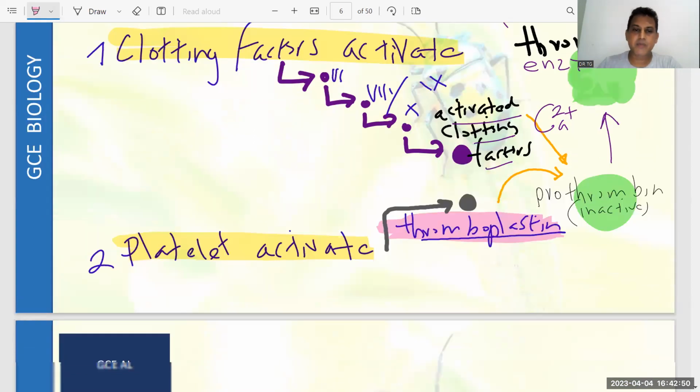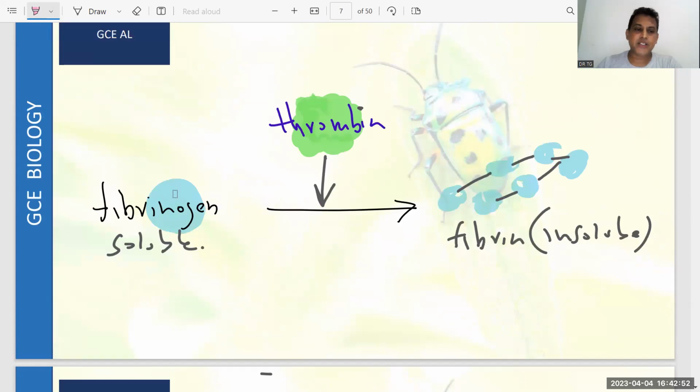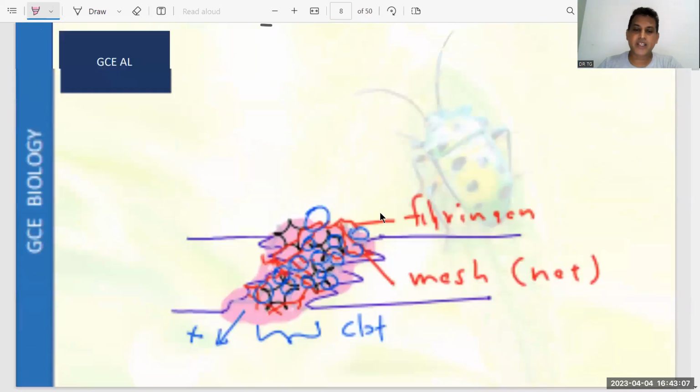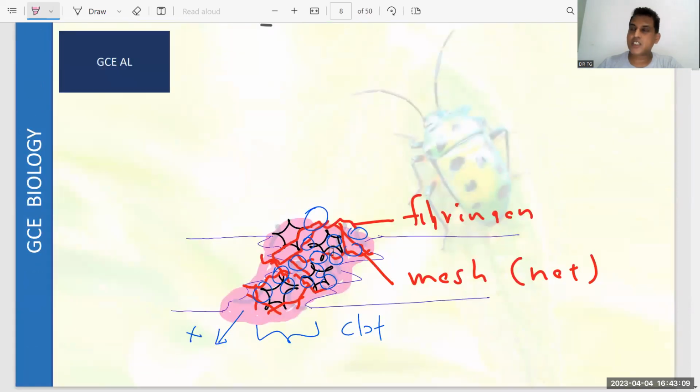Thrombin is an enzyme. It converts soluble fibrinogen in the blood into insoluble fibrin. And fibrin molecules polymerize with each other to make a net called a mesh.